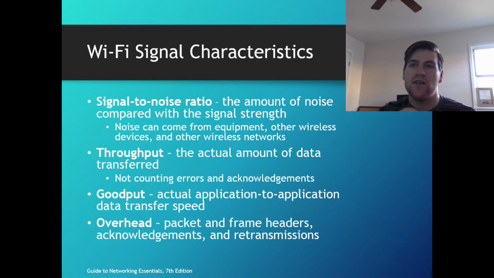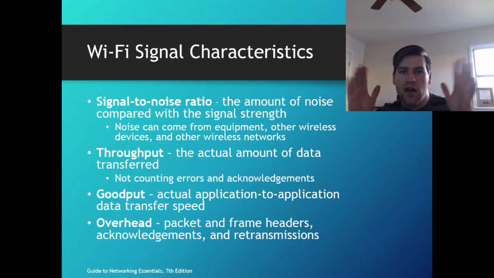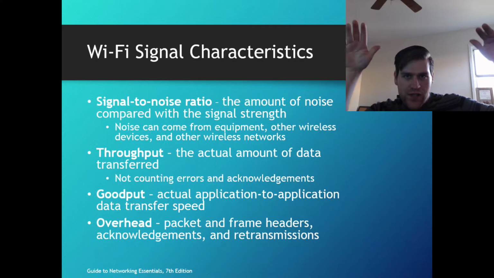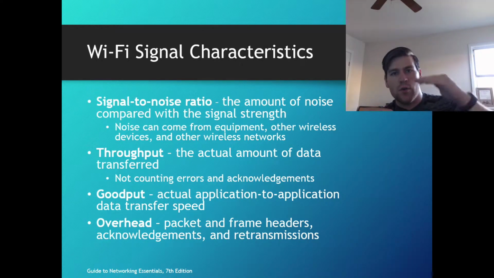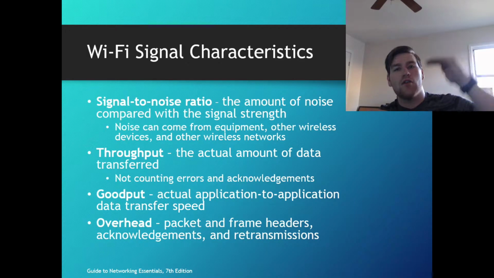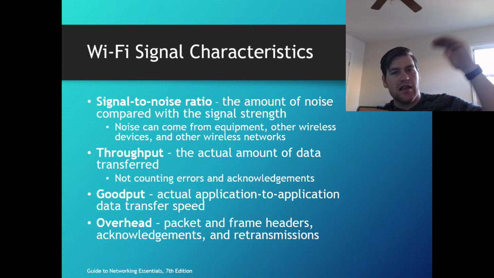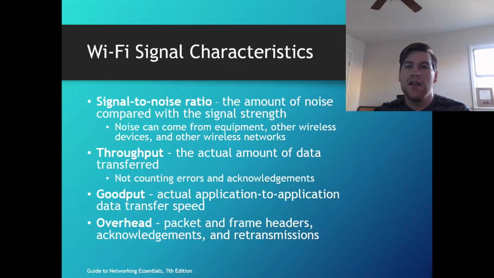Signal to noise ratio: you want to make sure that your signal is a lot higher than your noise. That's what I mentioned with the analogy of a room where a lot of people are talking at the same time, and everybody has to raise their voice. The signal would be raising my voice, increasing the volume, and they actually call it volume in the case of wireless frequency as well.